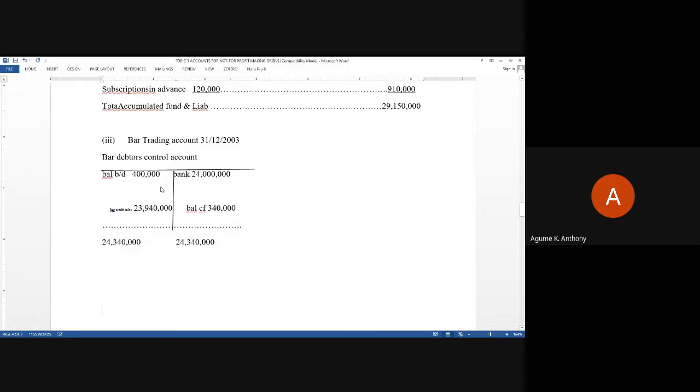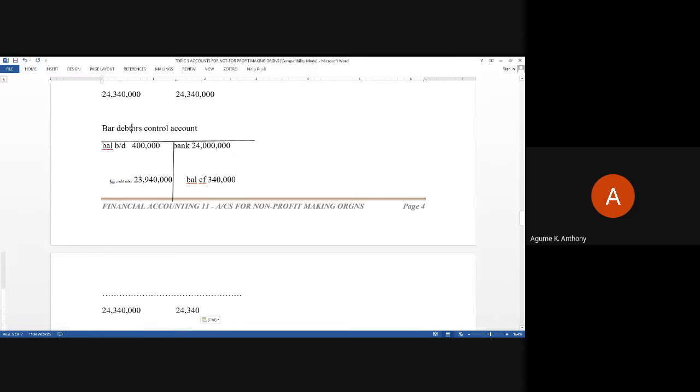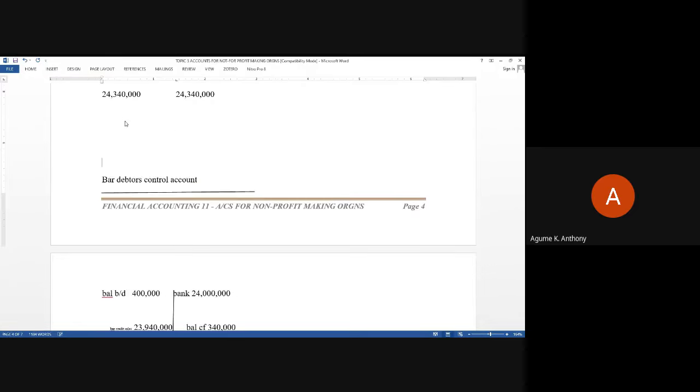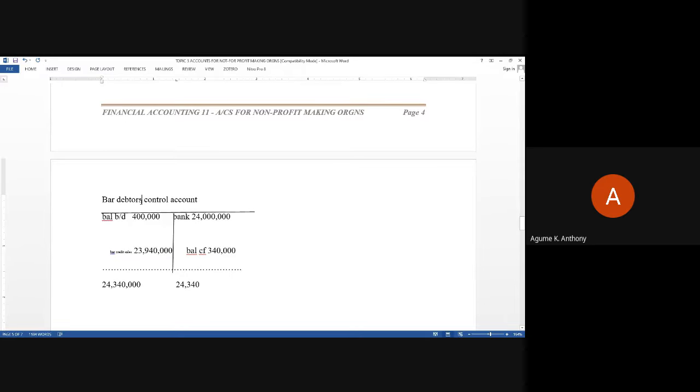Now for the bar purchases, I can also draw my account. If it is for purchases, it is for the bar creditors control account.